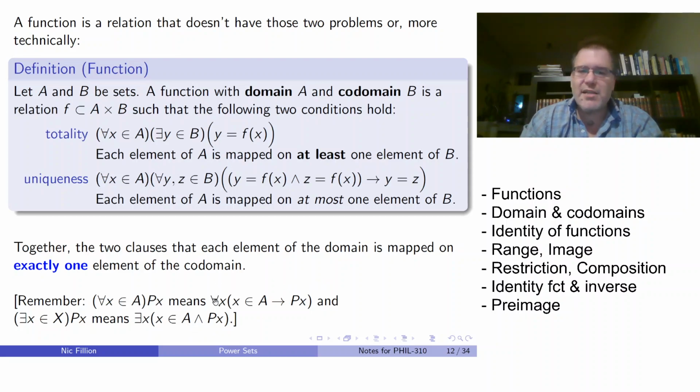So remember, this has the form of a universal positive sentence in the square of opposition, and this is a particular affirmative sentence. So this one has a conditional, this one has a conjunction.